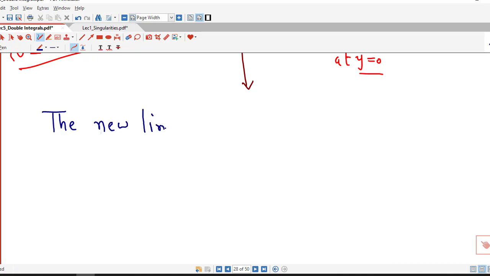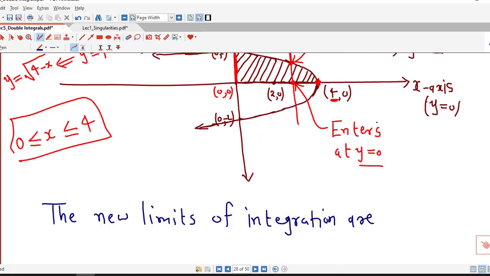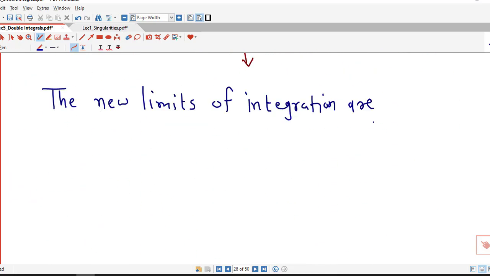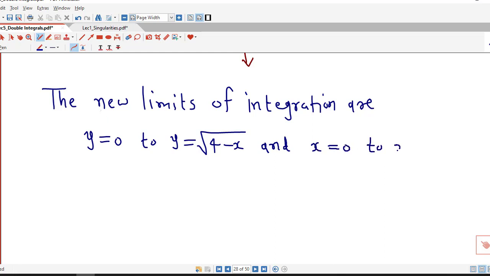The new limits of integration are y is from 0 to y equal to square root of 4 minus x, and x equal to 0 to x equal to 4.